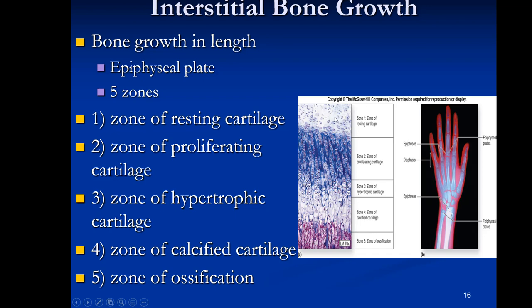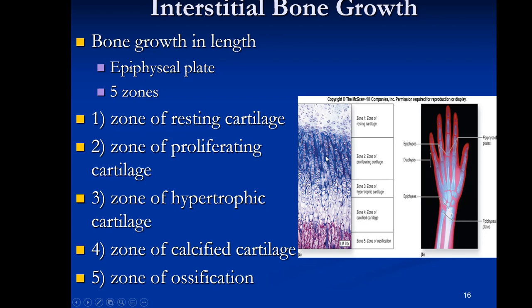So if you look at this, it just looks like hyaline cartilage. So not a lot is going on. Then we get this zone of proliferating cartilage. What happens here is the chondrocytes start dividing and increasing in number. So they're proliferating. And if you look closely, it looks like all these chondrocytes are stacking up.